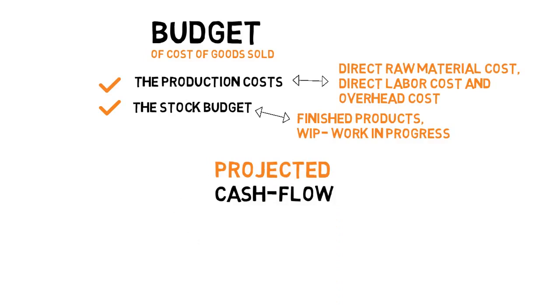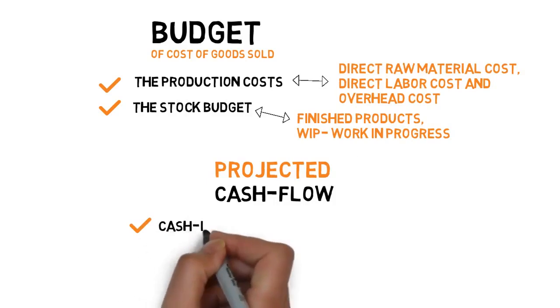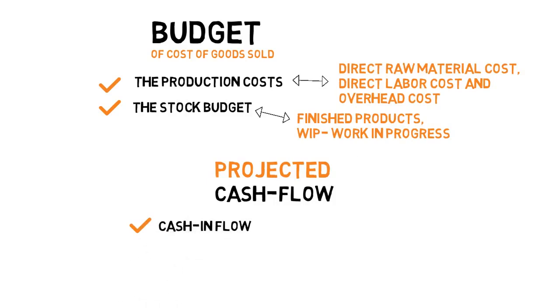The projected cash flow helps to manage the movement of cash in the organization, and it's made up of two parts: cash inflow and cash outflow. The projected statement of cash flow is useful information for the enterprise management to foresee the periods that the enterprise would need cash to pay for its activities in order to make adequate provision for this cash.